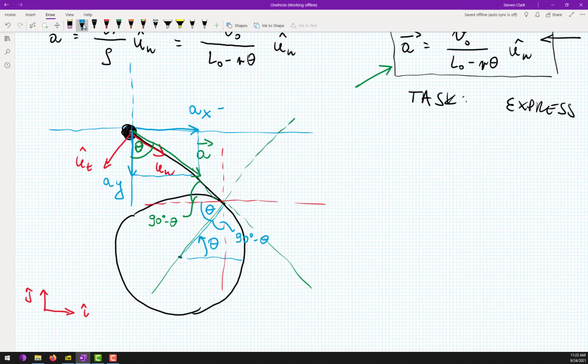Okay, guys. So AX is sine or cosine of A? Sine theta. And AY has no other choice, AY has to be A cosine theta. Perfect.